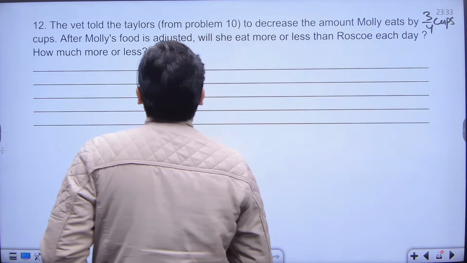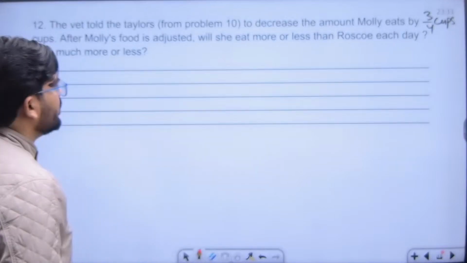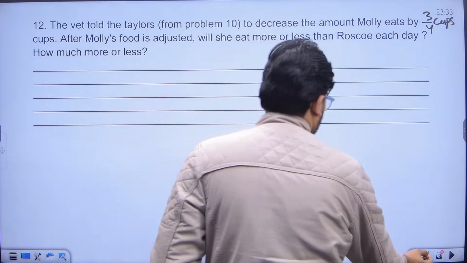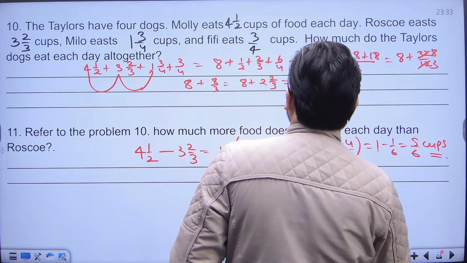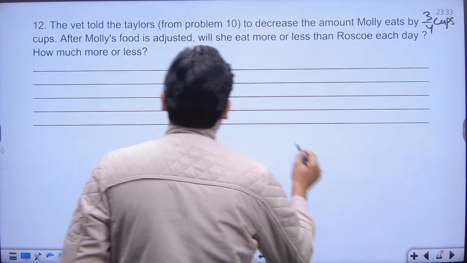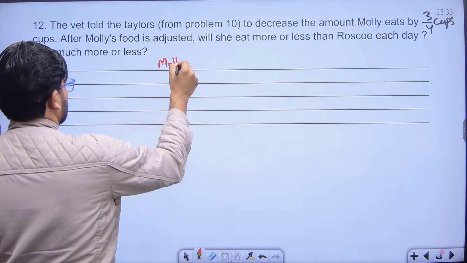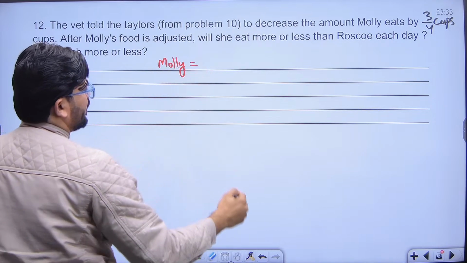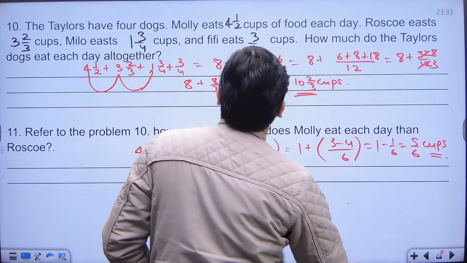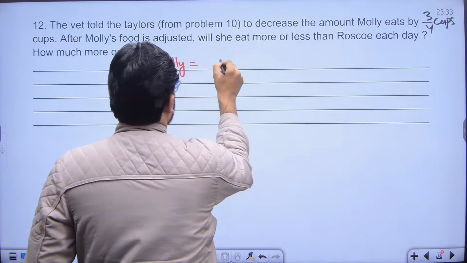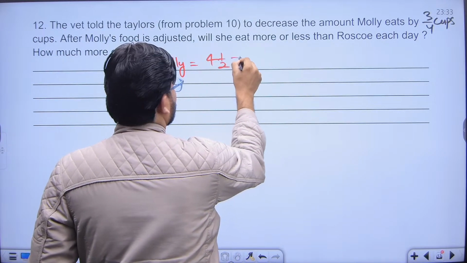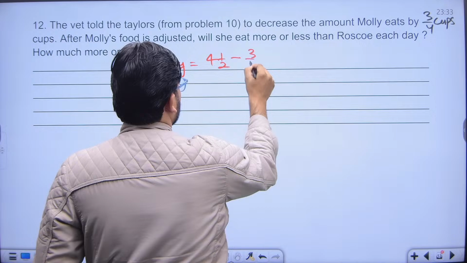The vet told the Taylors to decrease the amount Molly eats by 3/4 cups. So how much is Molly eating? Molly is eating 4 1/2. So now Molly will eat how much? 4 1/2 minus how much do we have to reduce? 3/4.